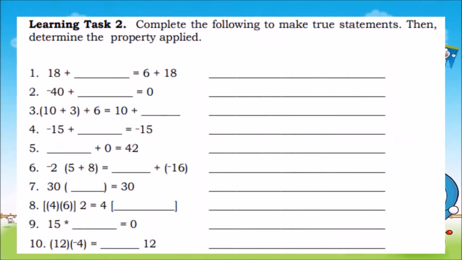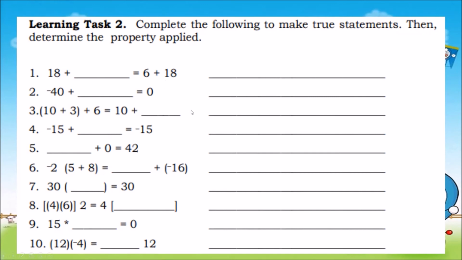So in our learning task number 2, complete the following to make true statements. Determine the property applied. So dito atin munang kukumpletuhin ang statement at ano yung ginamit, anong property ng integers ang given sa 1 to 10.